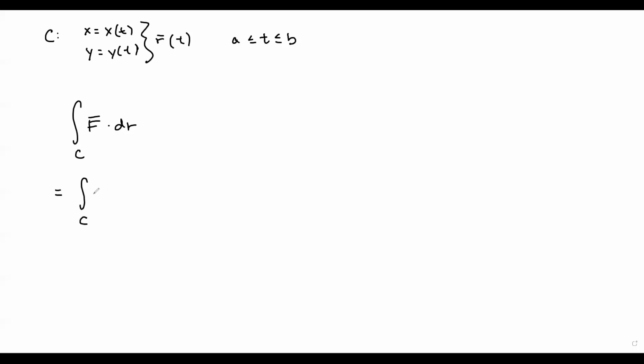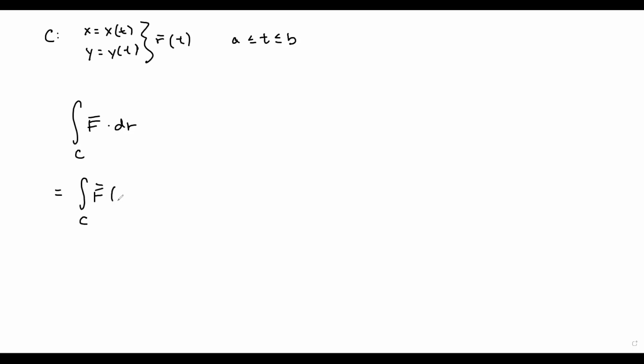So we have x equals x of t, and we have y equals y of t, which you can combine into a vector function r of t. And then we have t varying from a to b. All right, so starting with our conceptual form that we just finished deriving, F dot dr, the way that you can translate this is to first reverse some of the steps that we just finished.